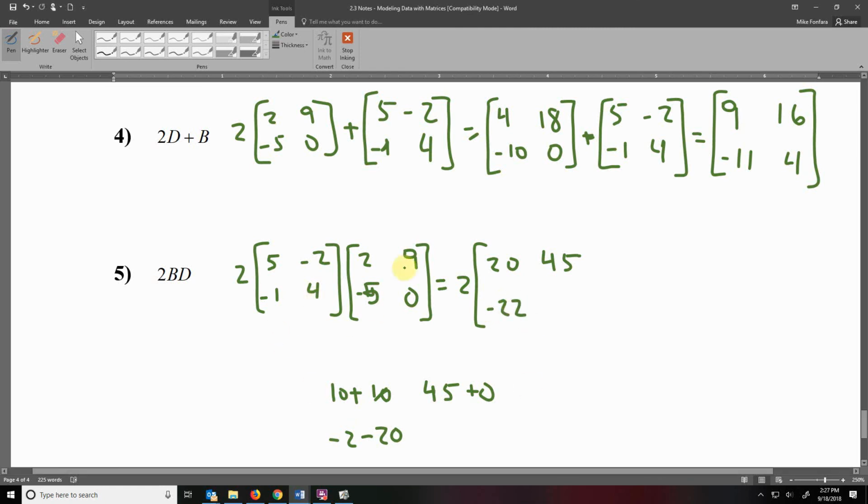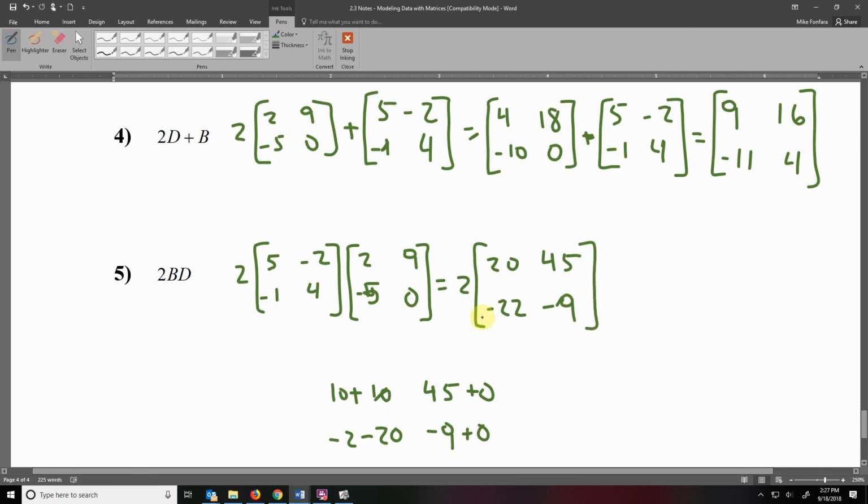And then the second row by the second column, negative 1 times 9, and 4 times 0. And that is negative 9.